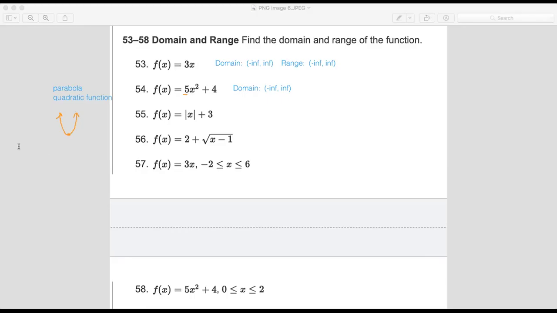Okay, so to find the vertex, you would find the axis of symmetry first, and then plug this x value in to find the y value.